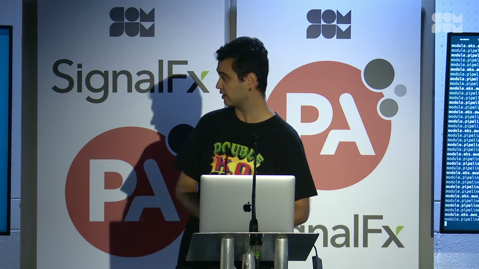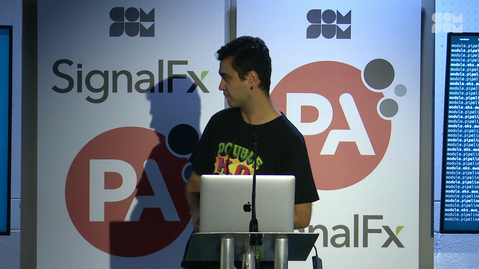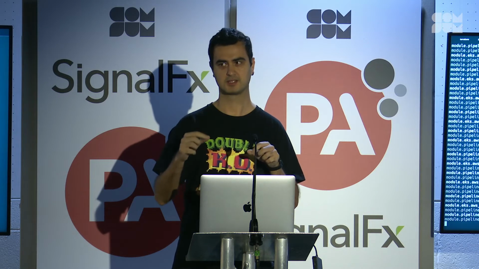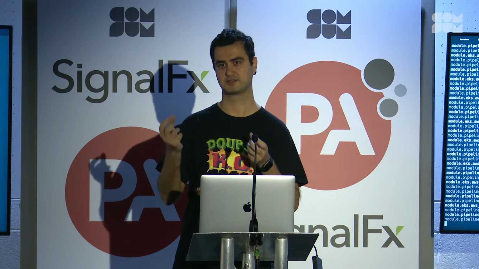And also, if you notice here, let me make it a bit bigger if you can read. We also have a null resource for the EKS endpoint. Terraform is waiting for a resource to be created completely. But the problem is, as you know, when you create a resource on AWS, it also creates a DNS name.